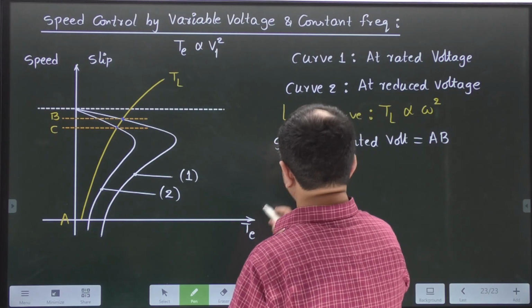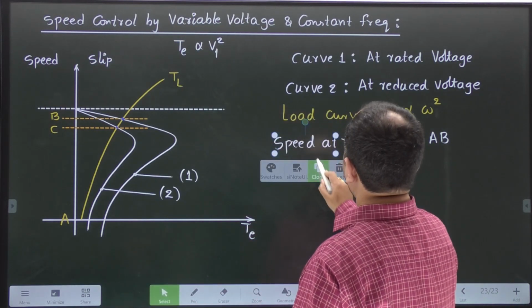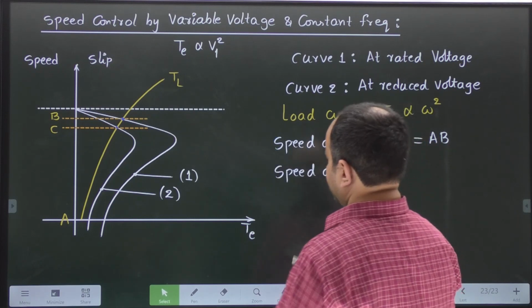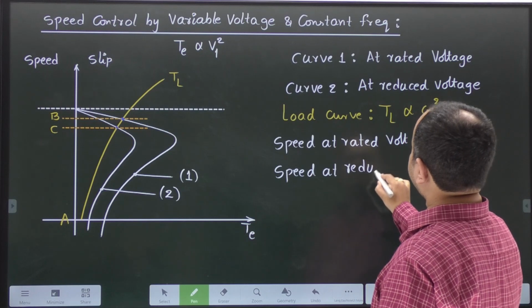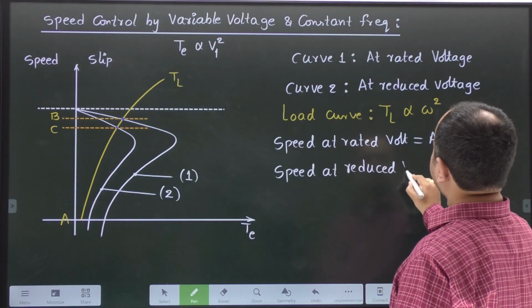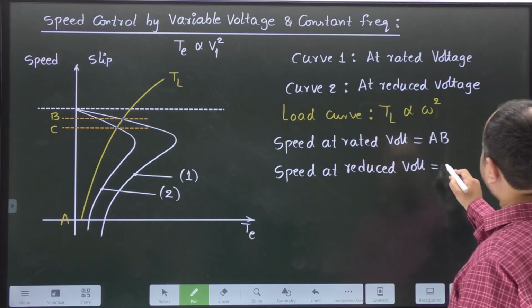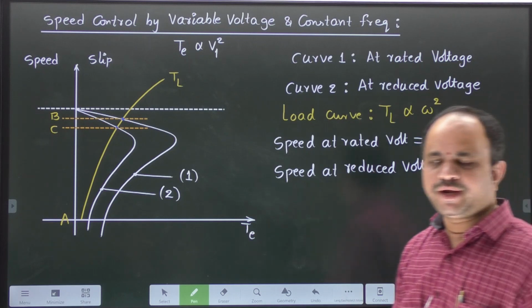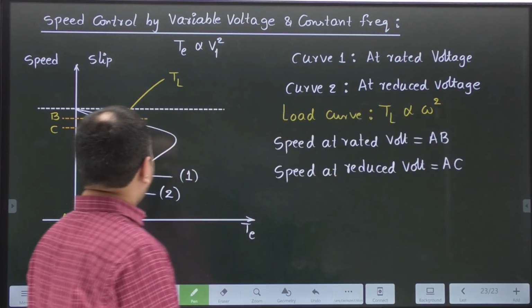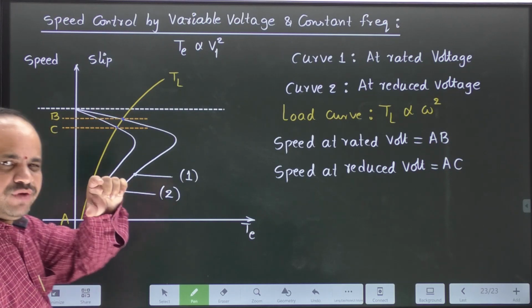Speed at reduced voltage is equal to AC. Observe carefully, the variation between AB and AC is very small.